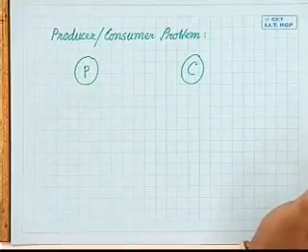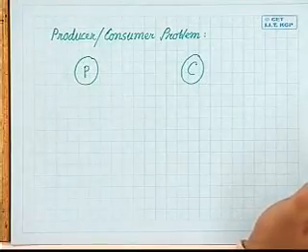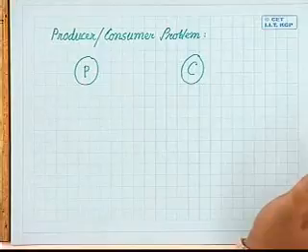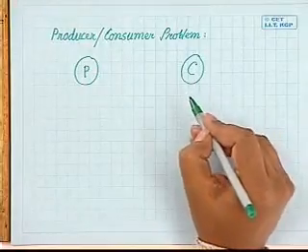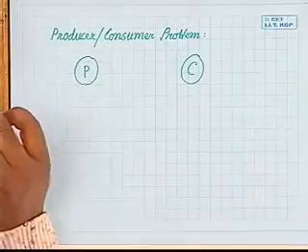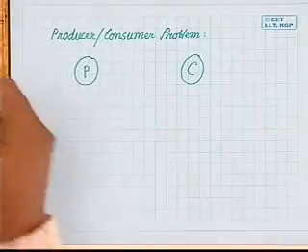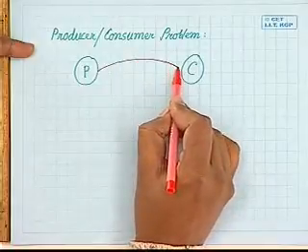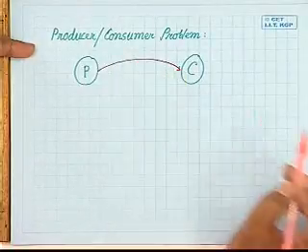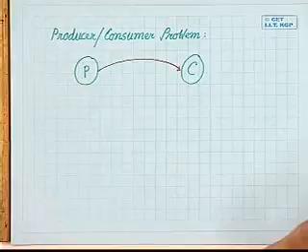Okay. The idea is that the producer process produces some items which are to be consumed by the consumer process C. The items produced by the producer process should go to the consumer process, and the consumer process will consume the items.